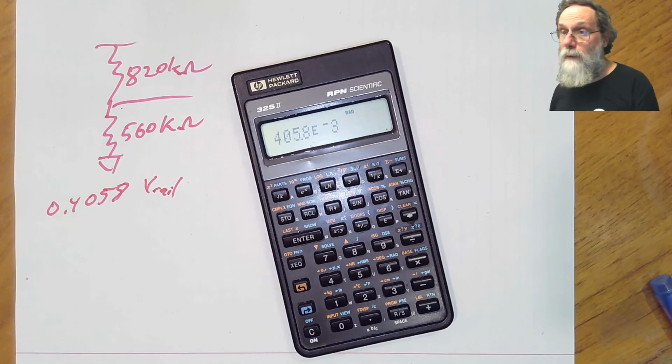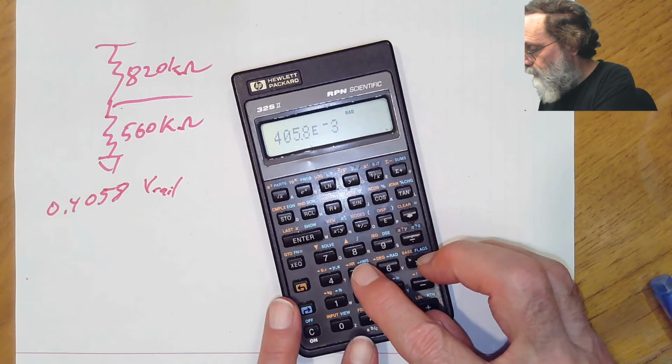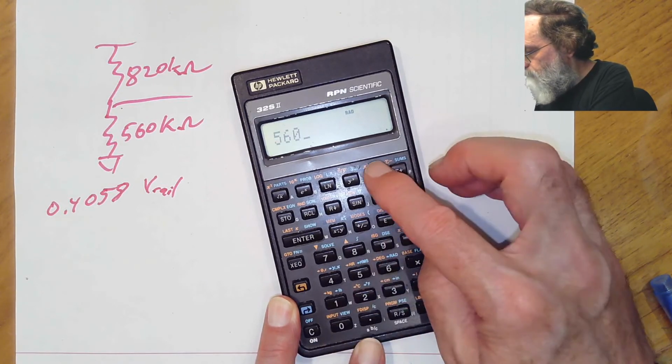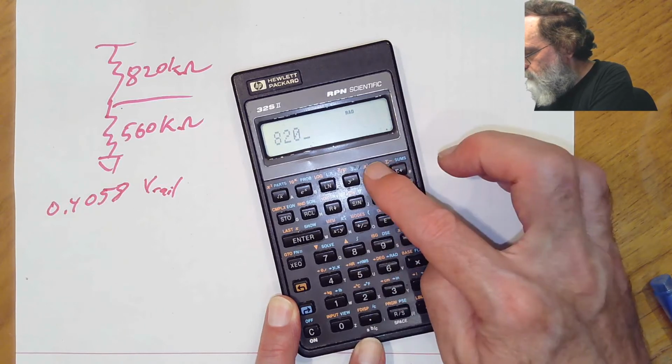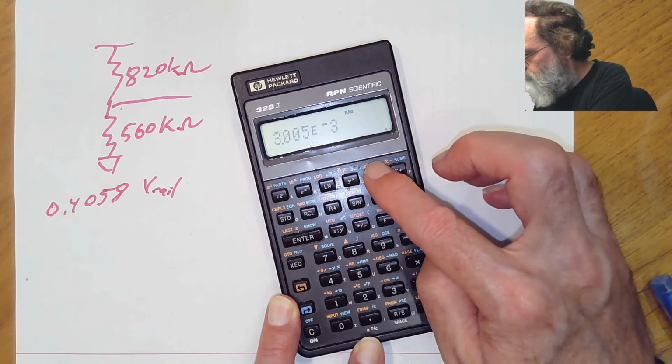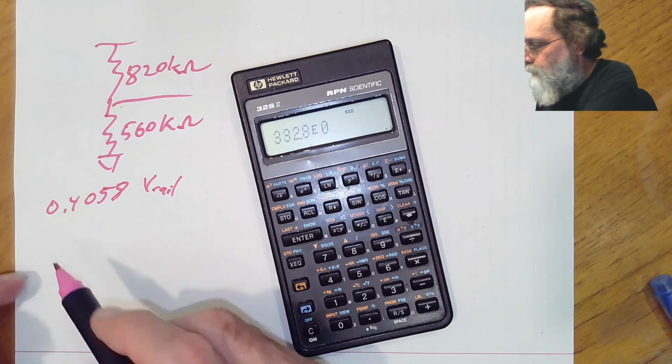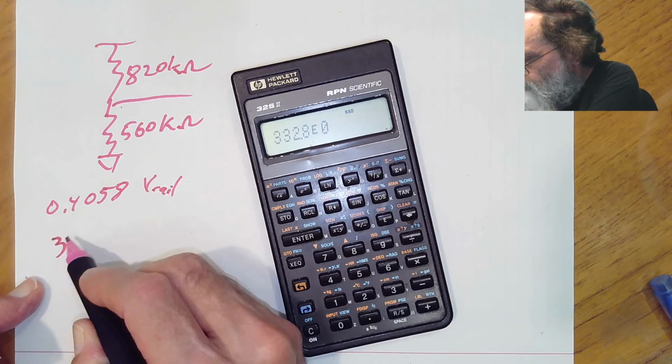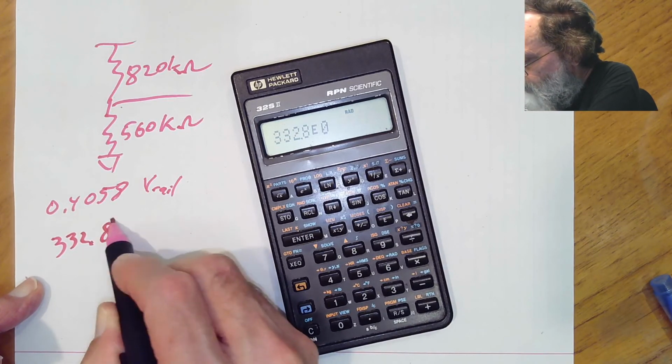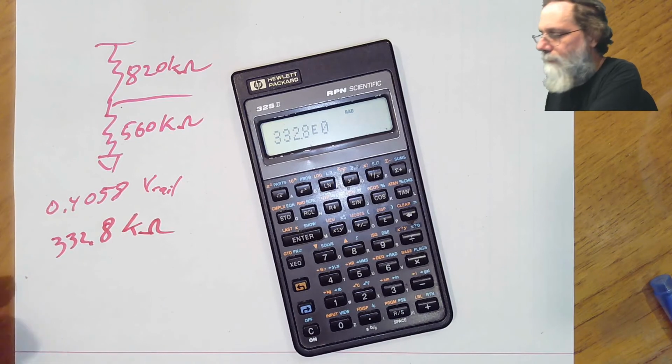And the Thevenin equivalent resistance we get just from looking at the two in parallel. So if I take 820 and 560 in parallel, I get an equivalent resistance of 332.8 kilo ohms.